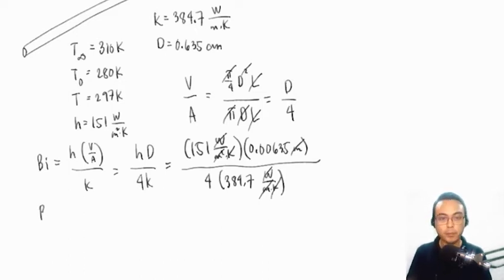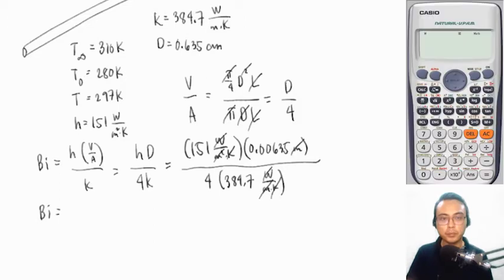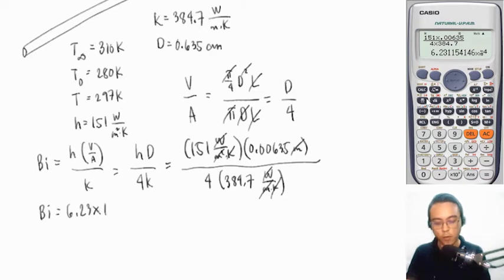Solving, we have 151 times 0.00635 divided by 4 times 384.7. The answer is 6.23 times 10 raised to negative 4. This is now our Biot number. And since the Biot number is less than 0.2, therefore we say that our system is lumped.